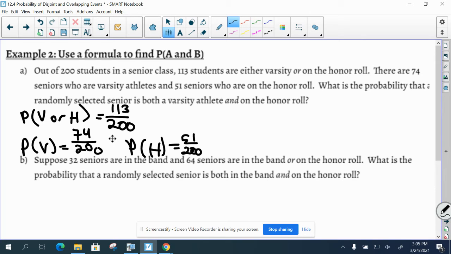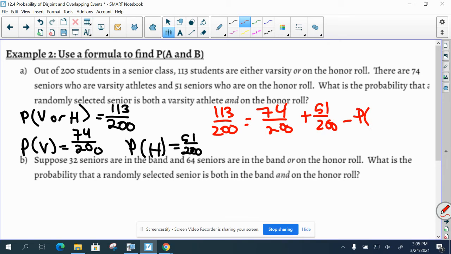But remember that there are students who could be both. So these two don't add up to 113, and that's how you know that there are students who are both. What is the probability that a randomly selected senior is both a varsity athlete and on the honor roll? So this equation would go 113 over 200 equals 74 over 200 plus 51 over 200 minus the probability of both.